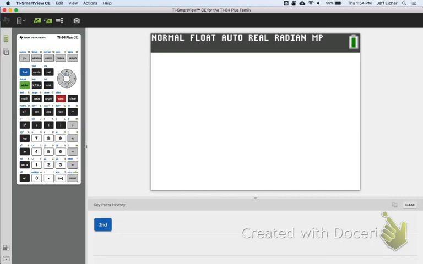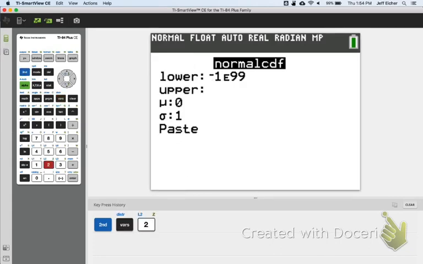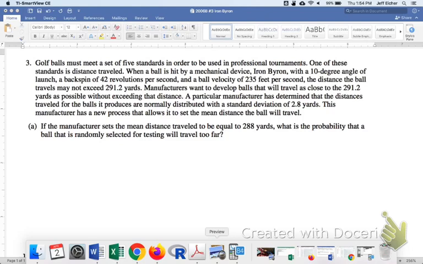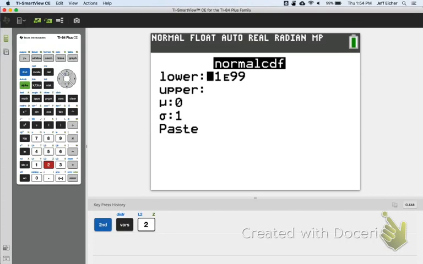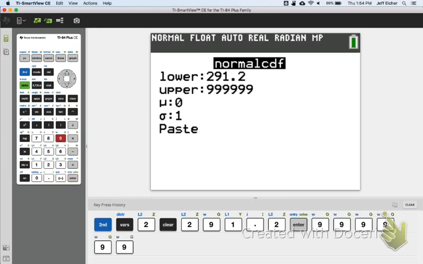Second vars, normal CDF, number 2. The lower bound was 291.2. Your upper bound is infinity, some large number.